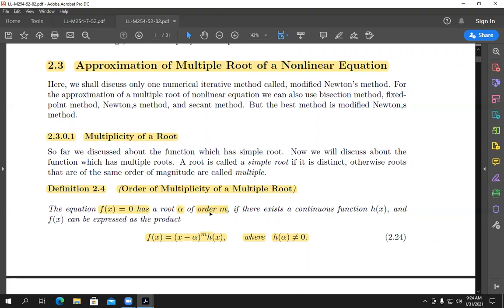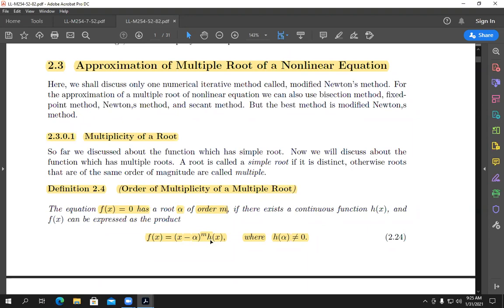How can we write the function now? We have a new formula for the function: x minus alpha to the power m, times h of x. What is the meaning of alpha? Alpha is the multiple root. And what is m here? m means this multiple root is repeating m times.